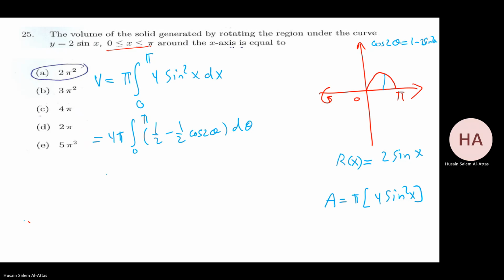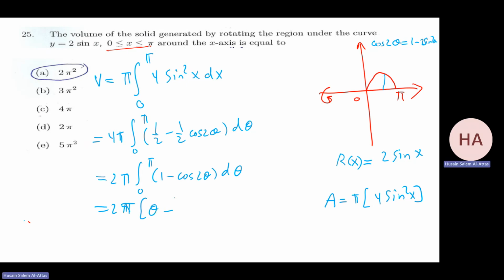Okay, so that gives me 2 pi times the integral from 0 to pi of 1 minus cosine 2 theta d theta. Do the integration now. That gives me theta minus half sine 2 theta from 0 to pi.